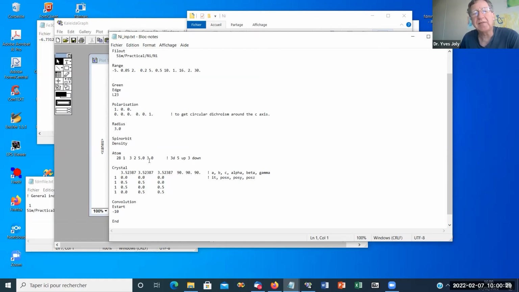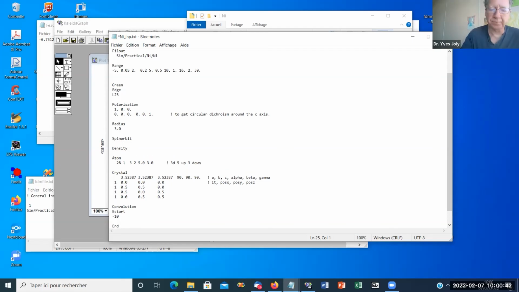So with this, your atom is polarized in spin. And to be magnetic, you also have to add the keyword spin orbit or magnetism.